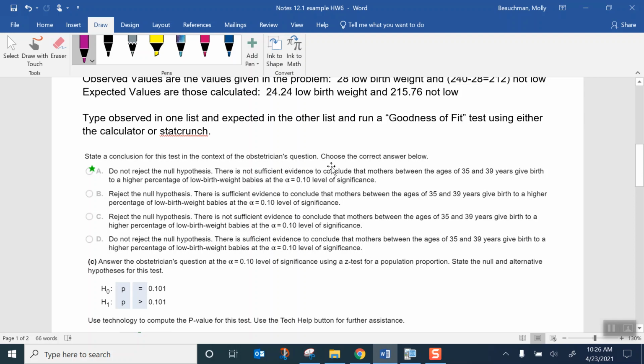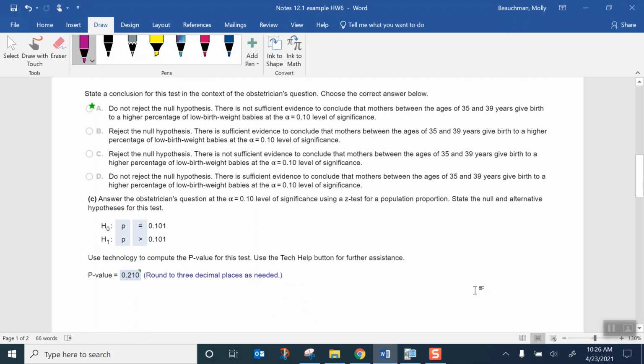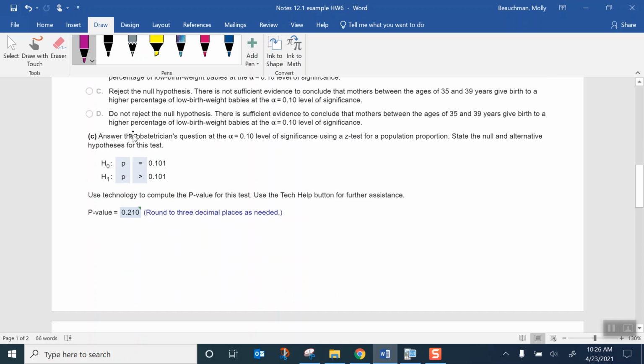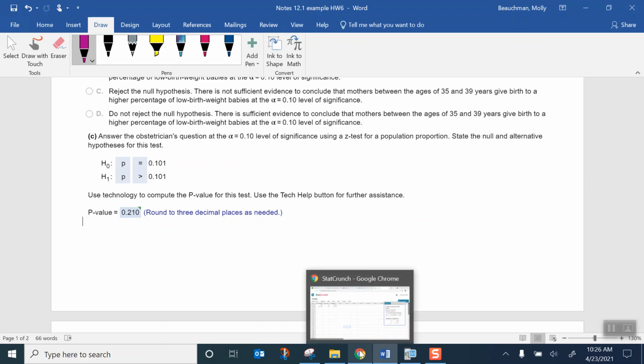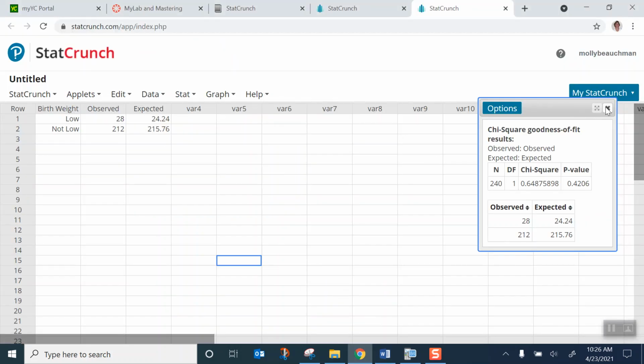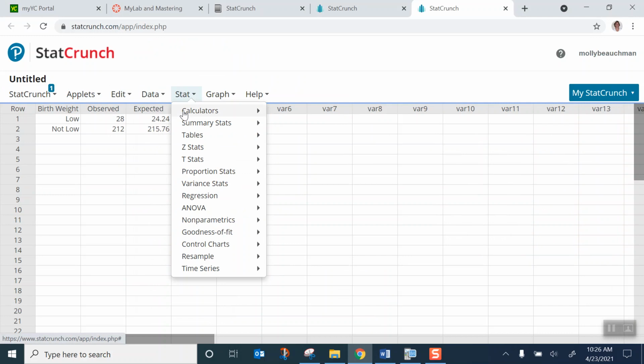So this question can also be answered using a one proportion z-test that we did back in chapter 10. And that's what part C is asking you to do: run the same question, but use a one-prop z-test instead. If we were using StatCrunch, we would go to Stat, Proportion statistics, One sample with summary.